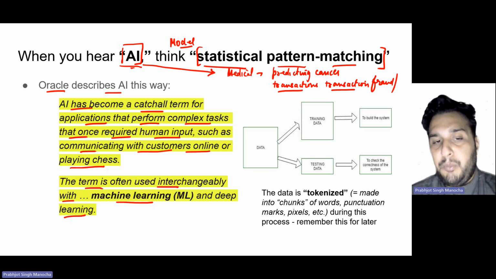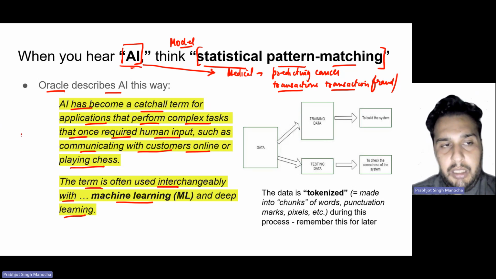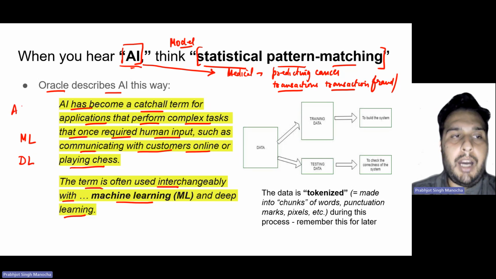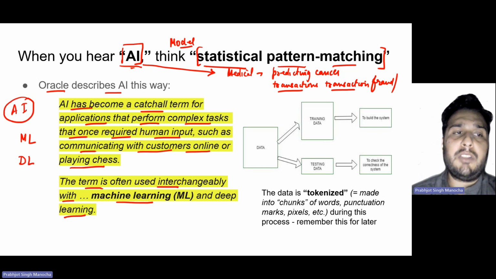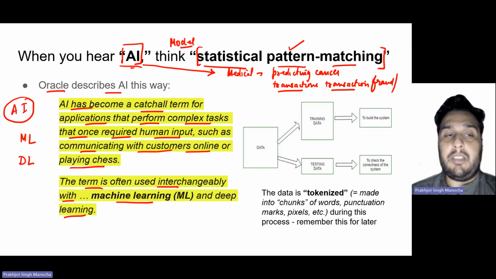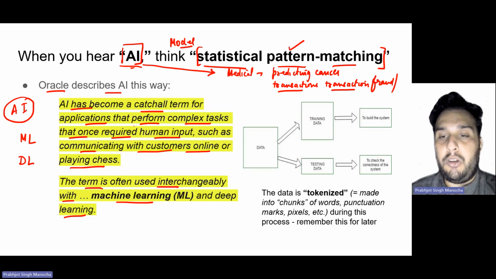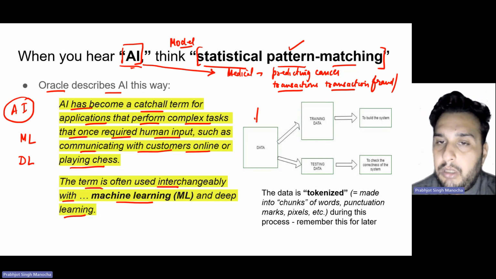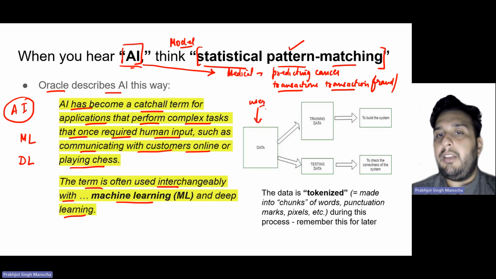Both terms, machine learning and deep learning, are part of artificial intelligence. That means they have some sort of intelligence which does the pattern matching and builds models depending upon the user input, right?